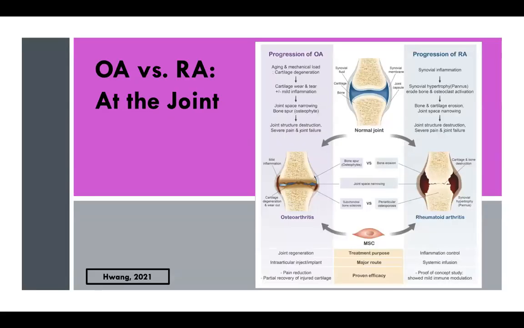This slide is just a quick comparison of some of the pathophysiology going on at each of these joints. This comes from an article that is theorizing or proposing the use of MSCs or mesenchymal stem cells, so an orthobiologic treatment for these different pathologies. As I mentioned earlier, some of these orthobiologics, stem cells, hyaluronic acid, are being used to treat these dysfunctions.